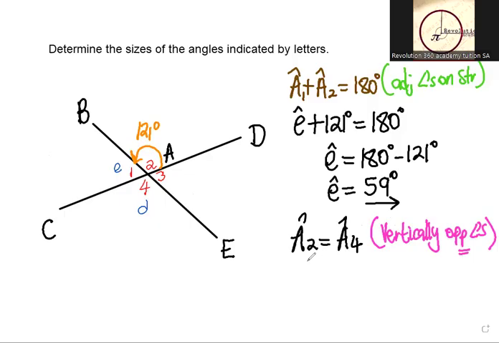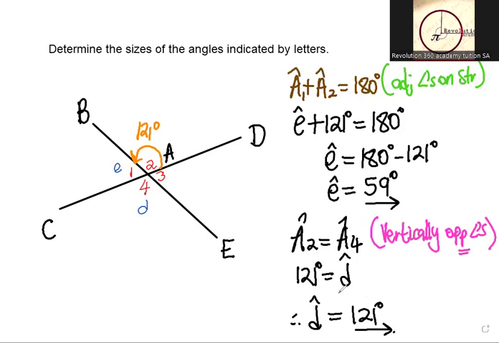Now after that, let's check. We know that the size of angle A2 we are given is 121 degrees. It's equal to A4, which is represented by small letter d. You can just say therefore angle D is equal to 121 degrees.